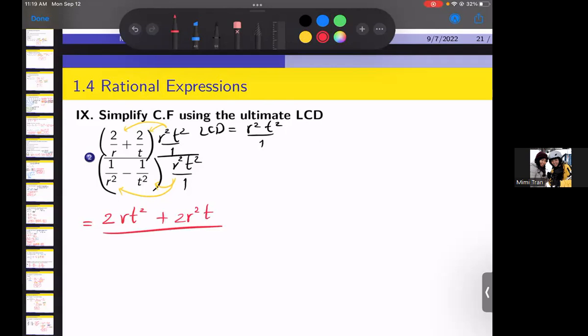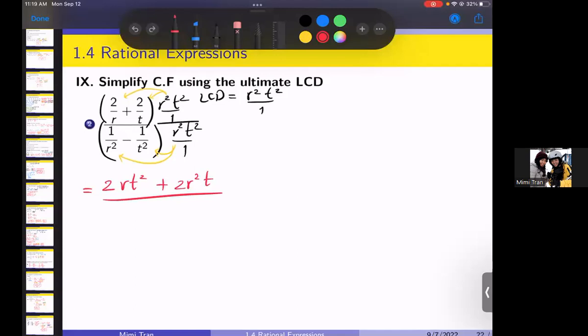Someone else for the denominator. First one. This one. Let me cover this.